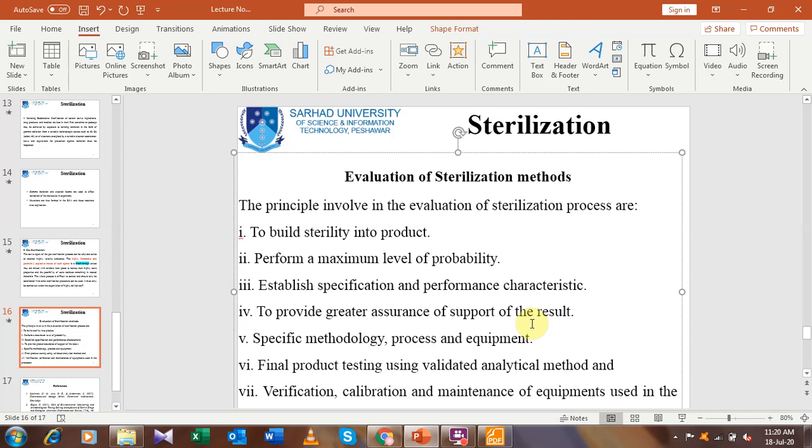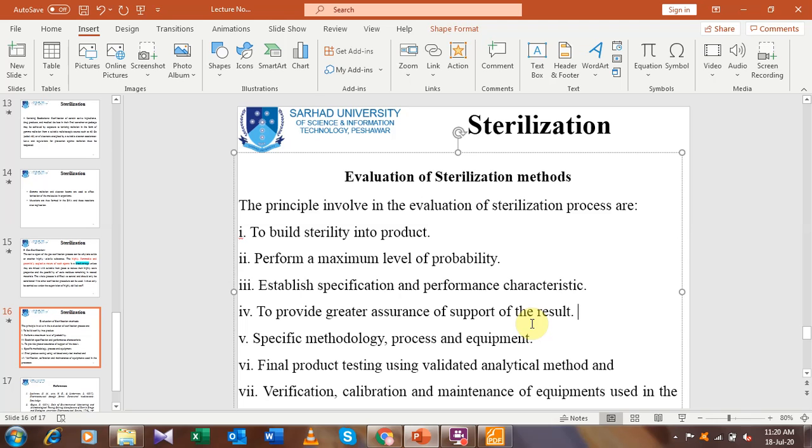Specific methodology, process, and equipment should be followed. It is a standard operating procedure, and the process and equipment used for that particular purpose should be specifically used. Then final product testing using a validated analytical method after the sterilization of the product.